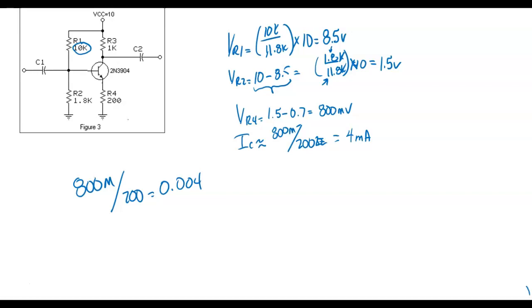So all you have to do, if you use that, you could say 800, just like it is, and then you would hit this key, right? And then you'd hit your change sign key. Right there. And then you can divide that by 200 equals, and it gives you 4 milli.